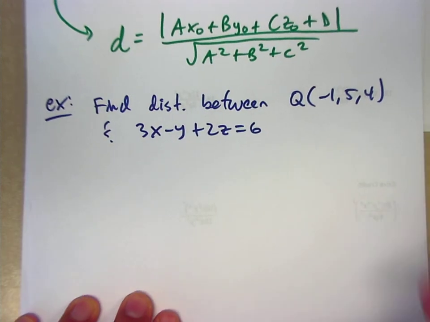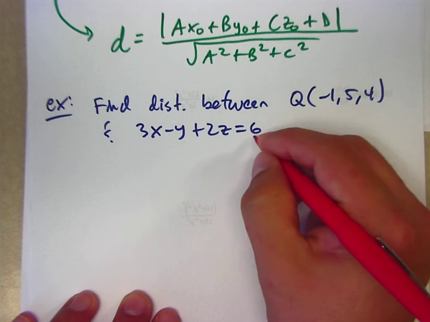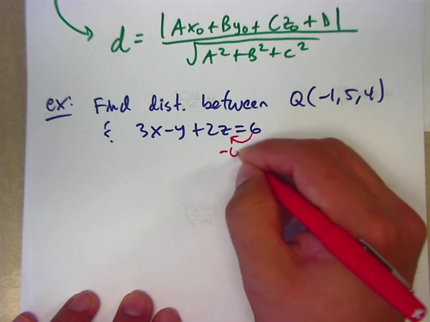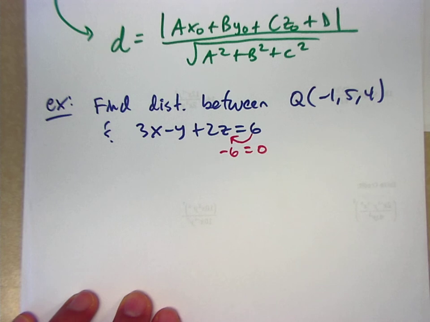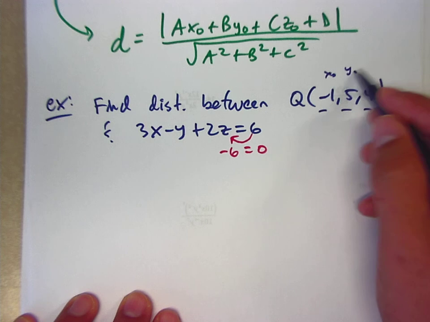So, well, we pretty much have everything we need. The only exception is that, remember that this needs to be set to 0. So really what we're going to do is move the 6 over, and then we have all the coefficients ready to go, and we can just now plug in, here's our x naught, y naught, and z naught.